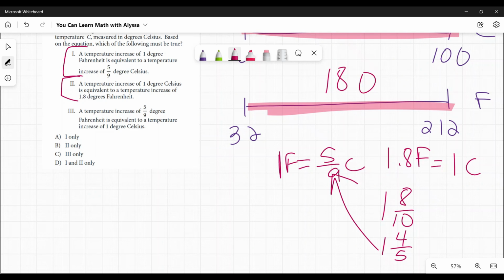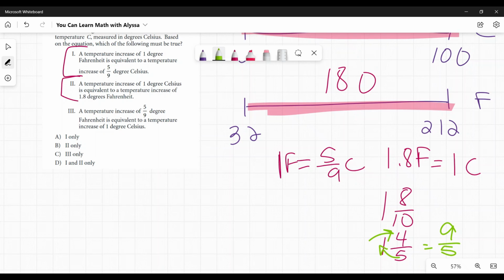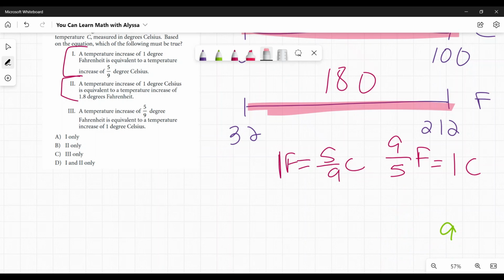And if I converted it to an improper fraction, you would say 5 times 1 plus 4 gives me 9, so 9/5. All right, so now it's saying that 9/5 degree of Fahrenheit is equal to 1 degree Celsius.